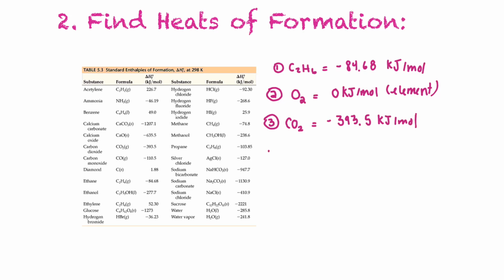And then our final one, the heat of formation for water. Remember we need to be mindful of the state, so it's gaseous water. And it is, right down there on the bottom, negative 241.8 kilojoules per mole. So those are our delta H of formations for all of those.